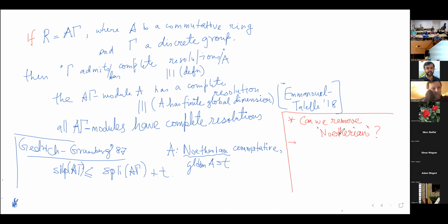Number 2: are silp and splli always equal? It is known that they are equal when they are both finite, but how widely is this true, say for group algebras?